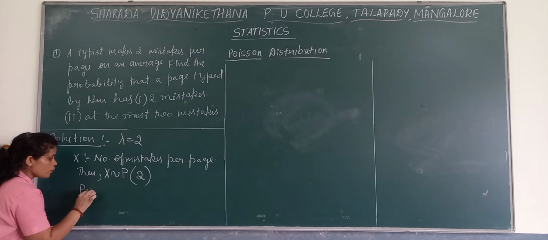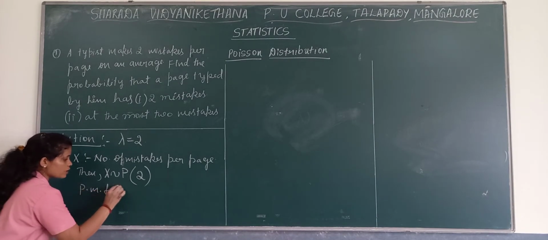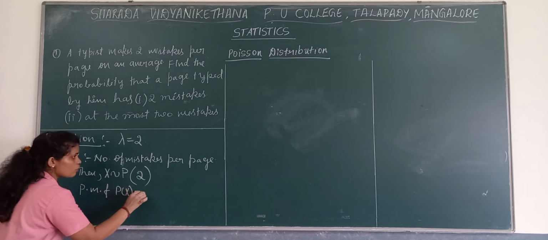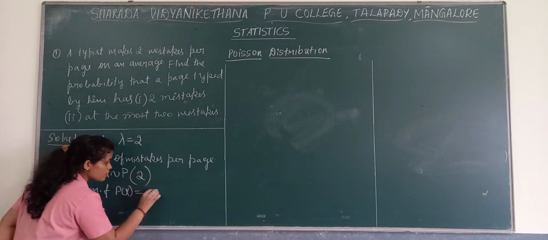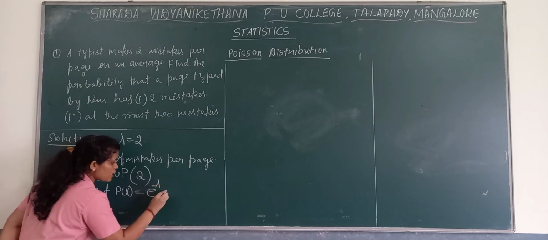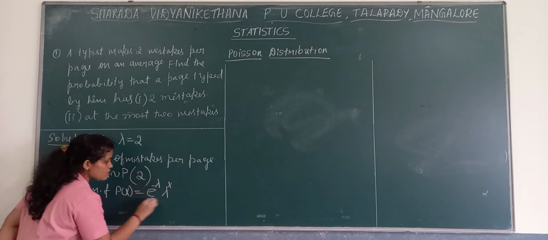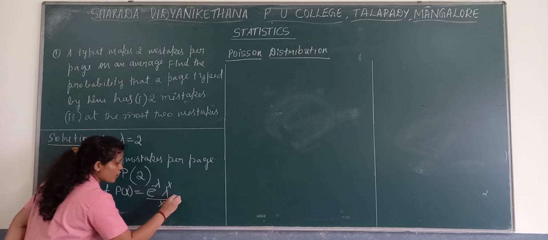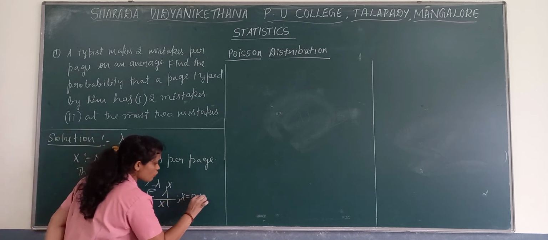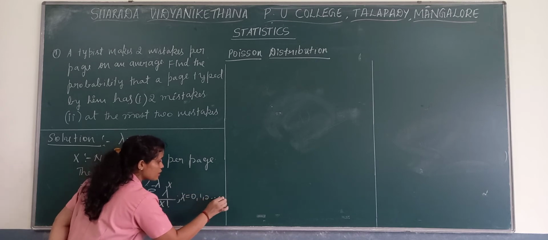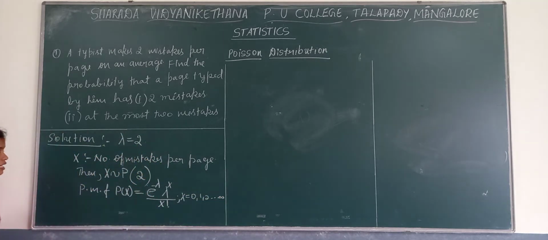Then the probability mass function. P of x is equal to e to the power minus lambda, lambda to the power x, divided by x factorial, and x is 0, 1, 2 till infinity. That is the range.